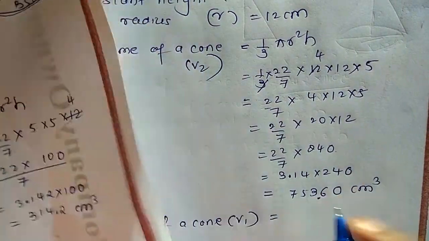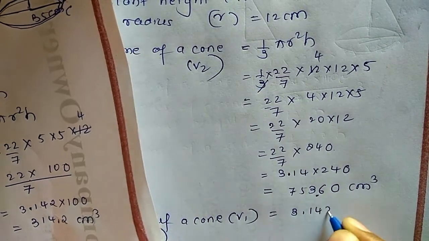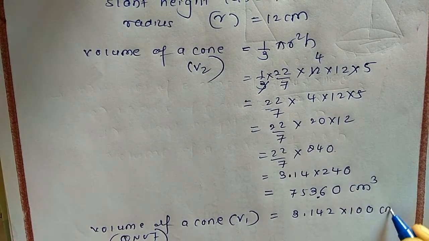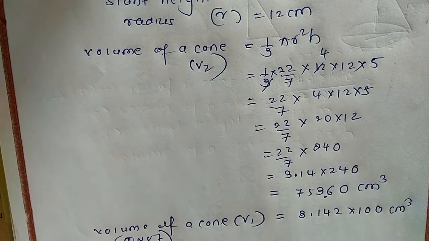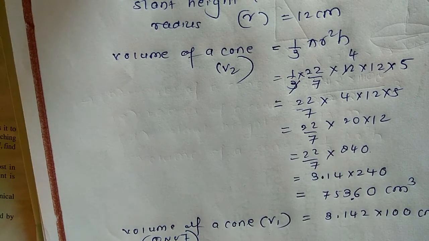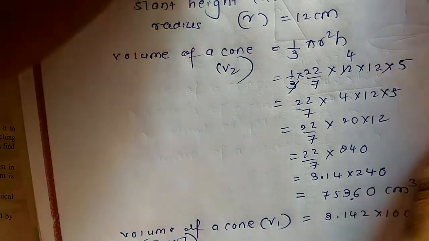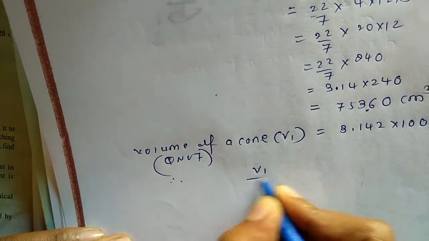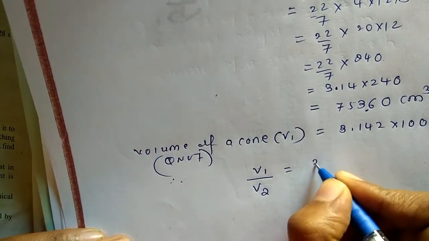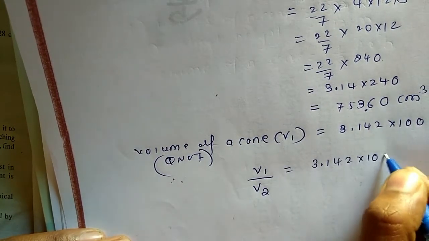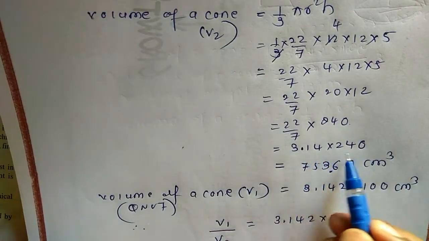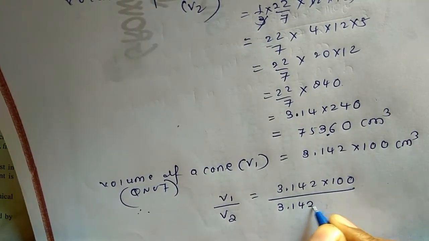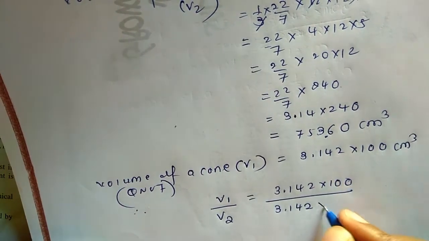So I'll take 3.142 into 100 cm cube. These two we have to take the ratio of. So instead of writing a full sentence, we can write the ratio of V1 to V2. V1 is 3.142 into 100 cm cube, and V2 you can take as 3.142, that is pi, into 240.